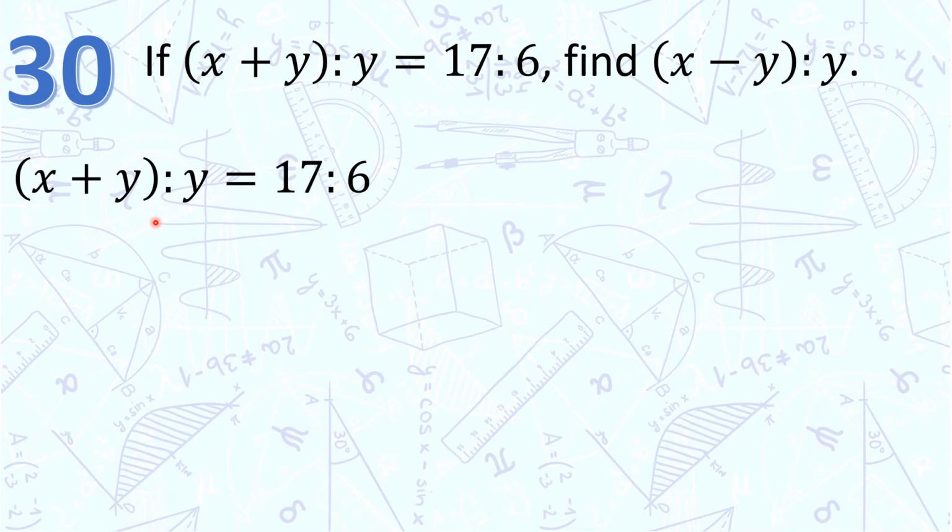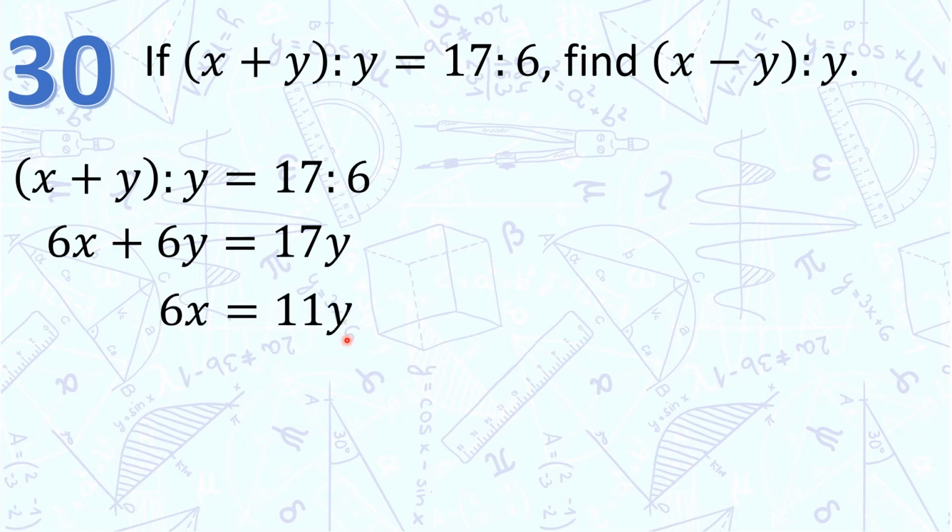We know that by the cross product property of proportion, the product of the extremes equals the product of the means. Hence, we have 6 times x plus y, 6x plus 6y equals y times 17, 17y. Subtract 6y from both sides, we will have 6x equals 11y.